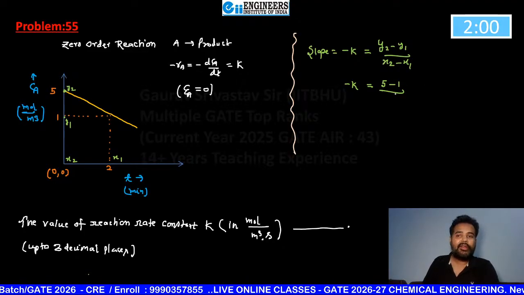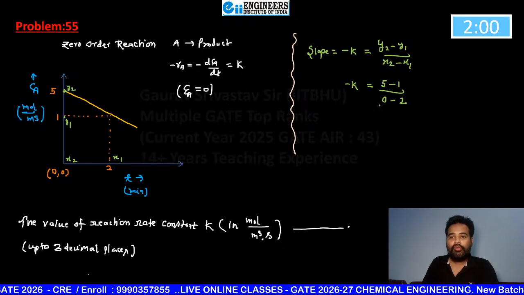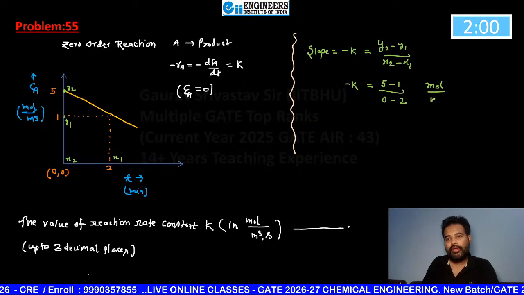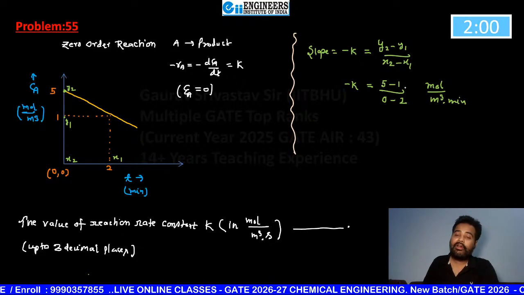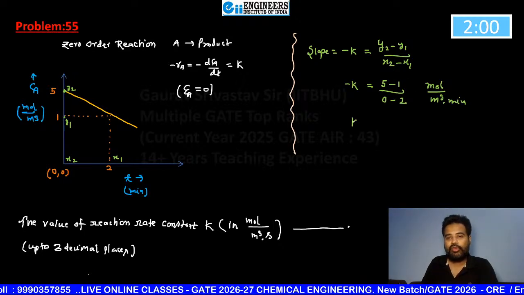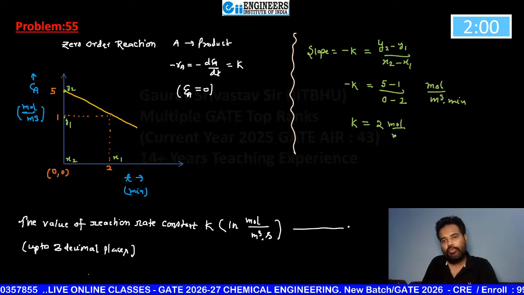So clearly here x2 minus x1, that is 2. So unit 5 minus 1, it will be mole per meter cube, and here minute. Okay, so 5 minus 1 will be 4, 4 by minus 2 will be minus 2. So minus minus cancelled, so k is coming 2 mole per meter cube per minute.